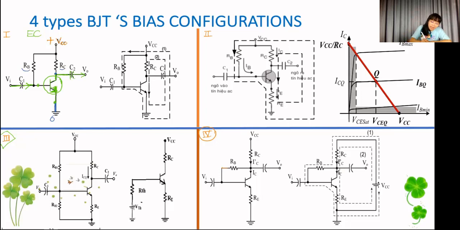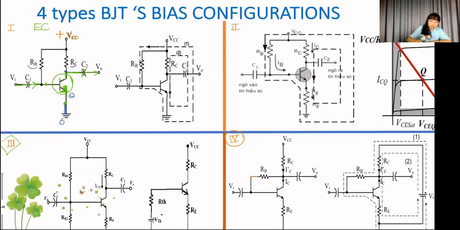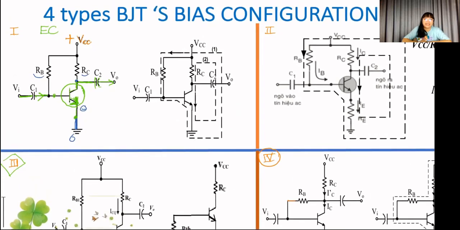This is NPN. Here we have one electron, at the emitter, right? And this electron should move to come to the collector. And for this, we have 2 cases.